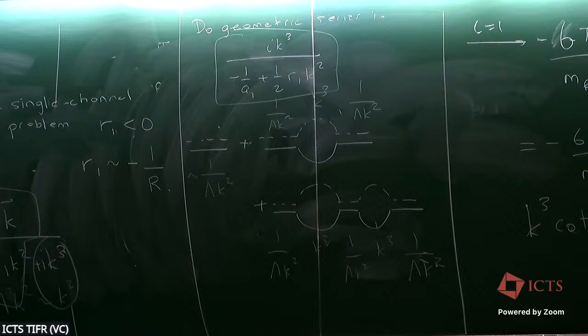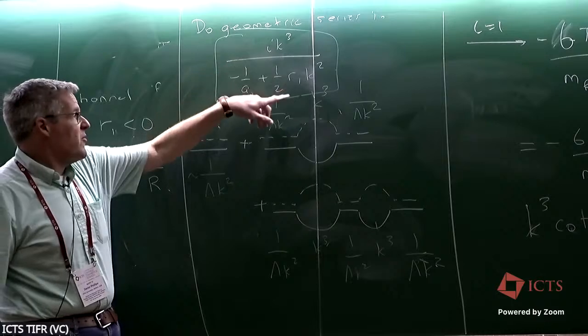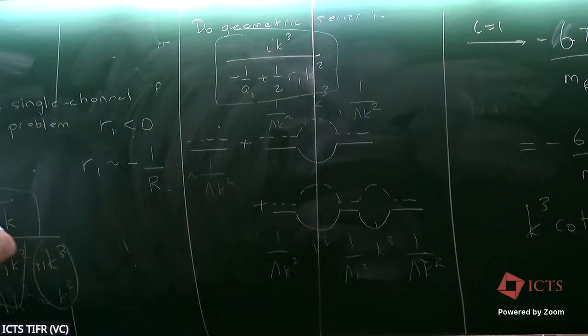Yeah, that's right. If the modulus of this gets smaller than this, in other words, if this parameter becomes larger than 1, then I shouldn't make this expansion.